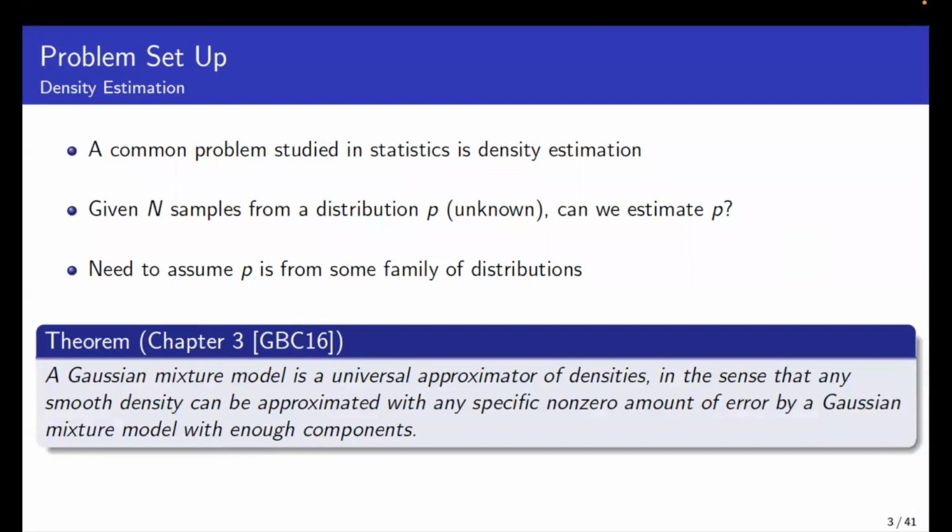So from a practical standpoint, I give you a bunch of data, and maybe the data doesn't come from a Gaussian mixture model, but it's good enough for all intents and purposes because a Gaussian mixture model can approximate the data arbitrarily well. Okay, so this really motivates our study of density estimation for these Gaussian mixture models.